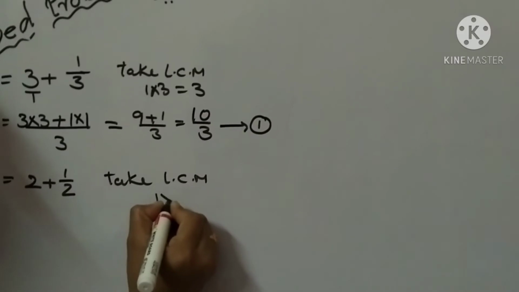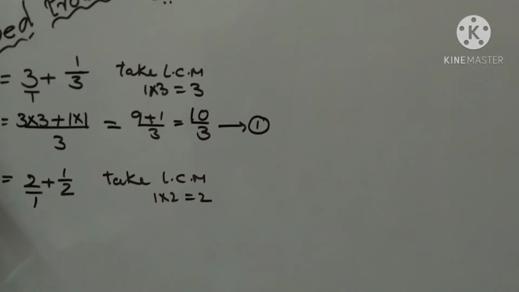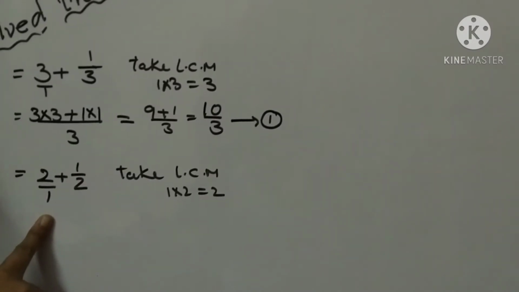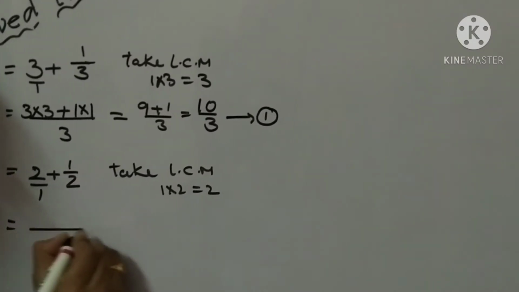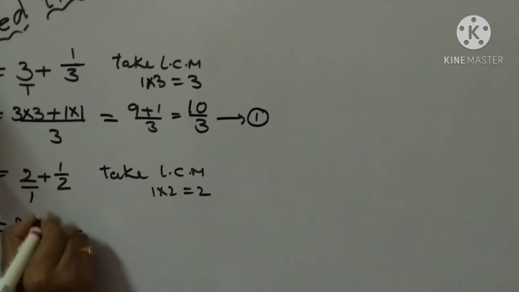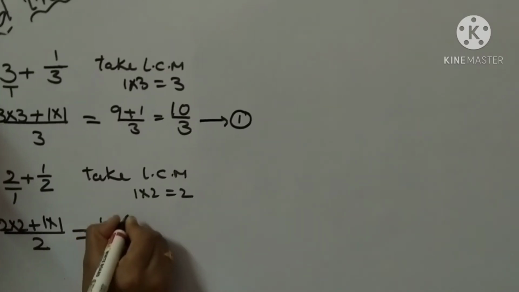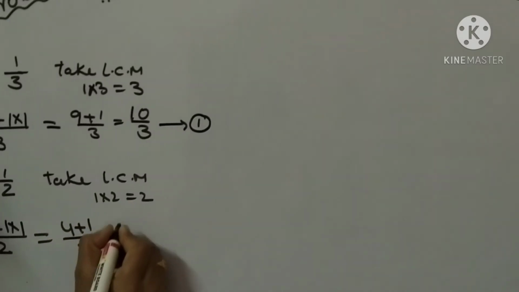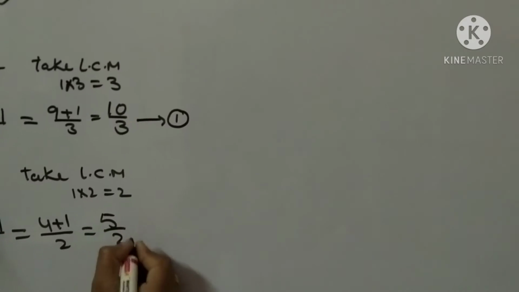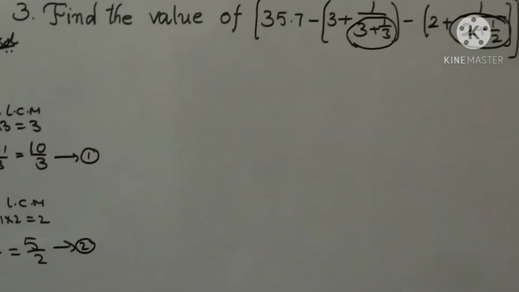Here also 1 into 2, because here the denominator value is 1. So the LCM is 2. 2 times 2 plus 1 times 1, so 2 2s are 4 plus 1 1s are 1. So 4 plus 1 is 5 by 2. This is equation number 2. Okay children, did you understand?